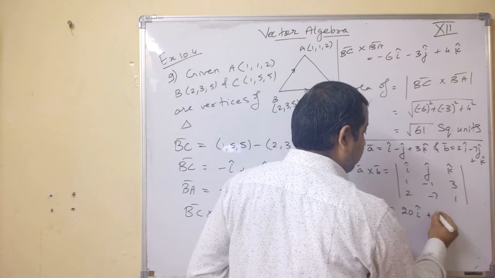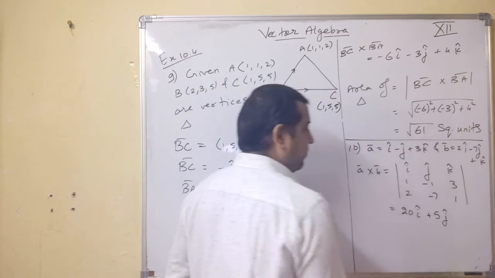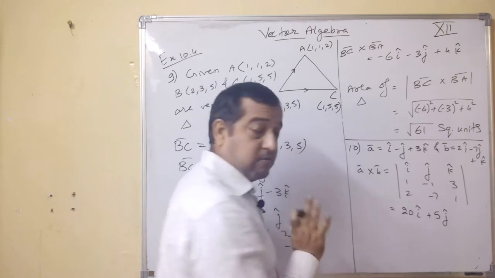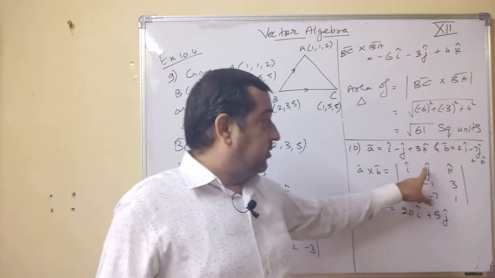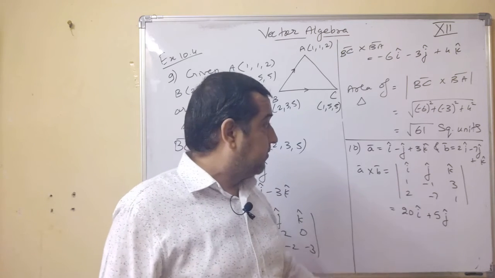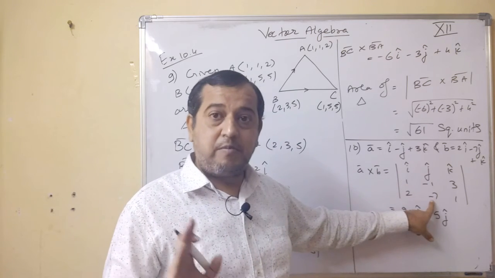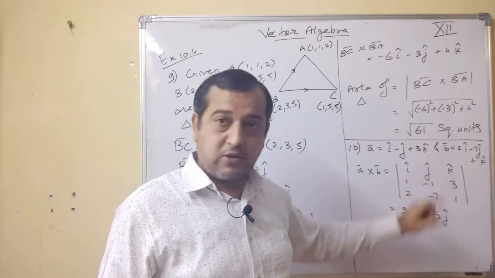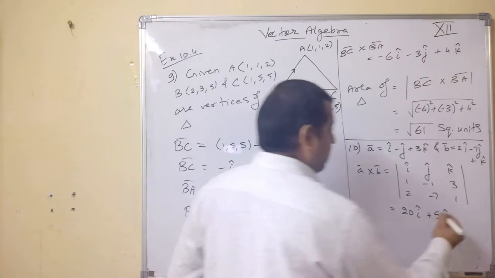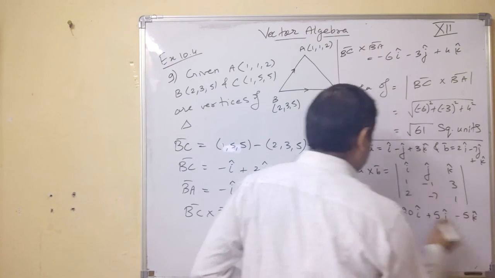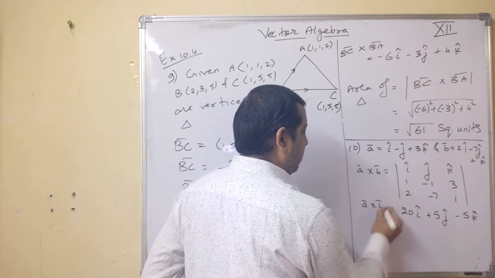J is negative, so plus 5J. And K: 1 into minus 7 minus 2 means minus 5K. This is A cross B.